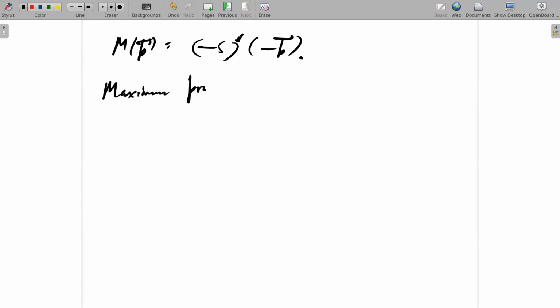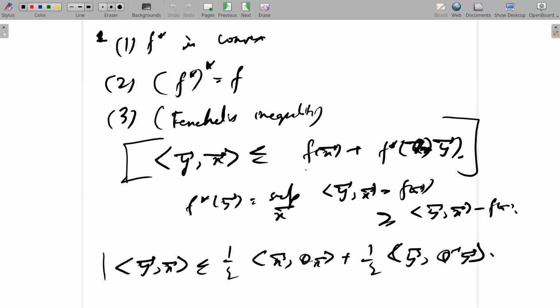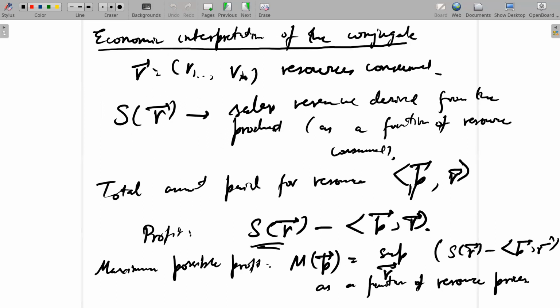So maximum profit is related to the conjugate function. By the way, we defined the conjugate function for convex functions, but the definition can be used for any function. Nice properties like f star is convex, f star star is f, and so on, will hold for convex functions, but this economic interpretation of the conjugate is actually for any function.